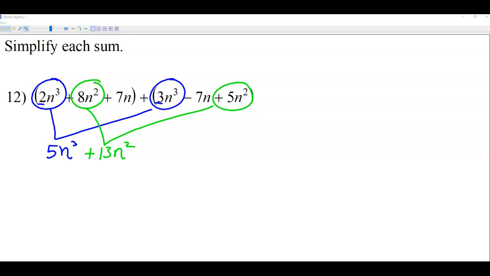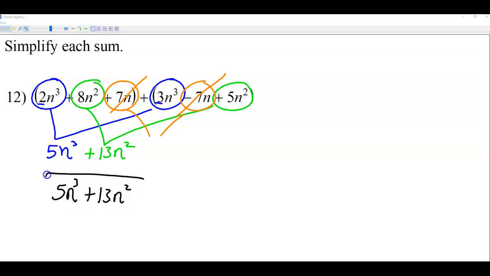And then finally, we have this 7n and a negative 7n. Now, 7 minus 7 is 0. But when you have 0 as a coefficient, we really just don't write it. And so basically, these just cancel each other out. And so my final answer is 5n to the 3rd power plus 13n squared. And that's the final one.